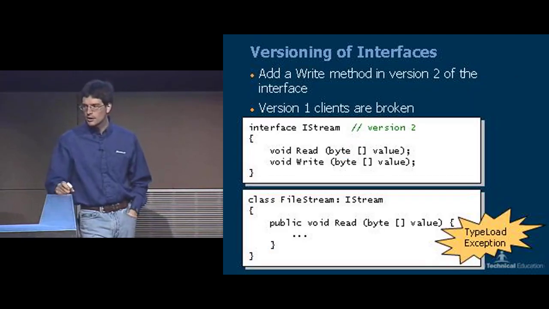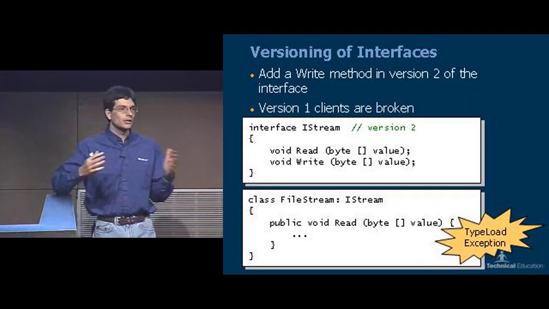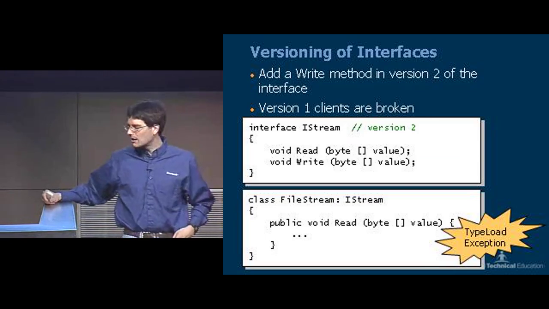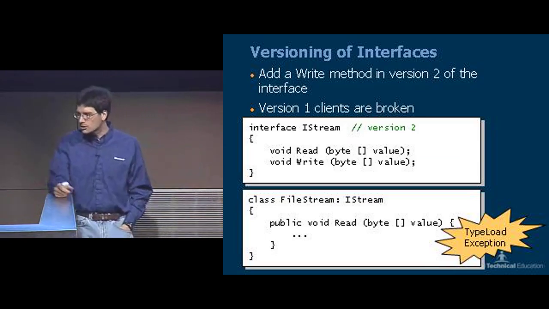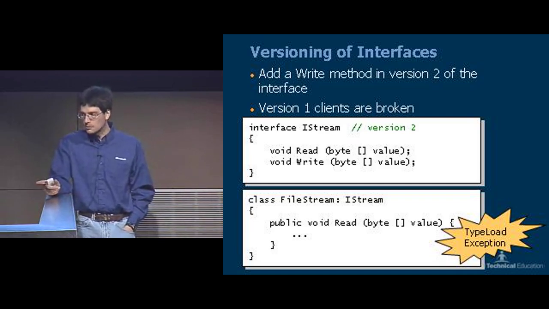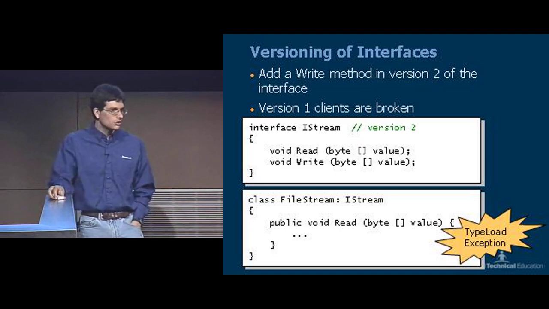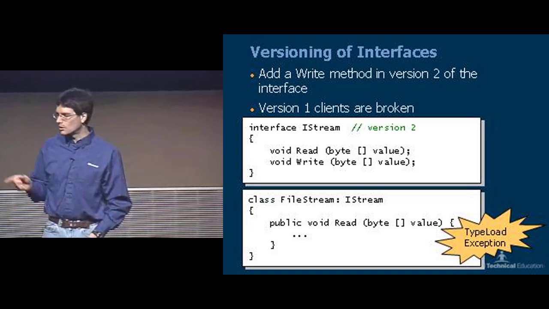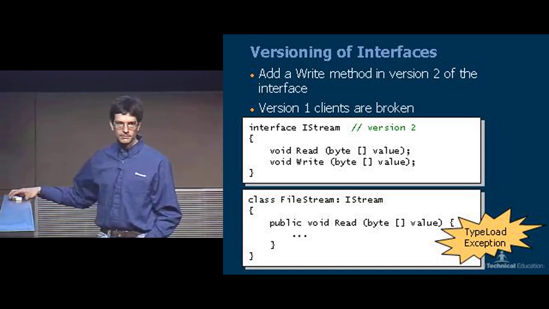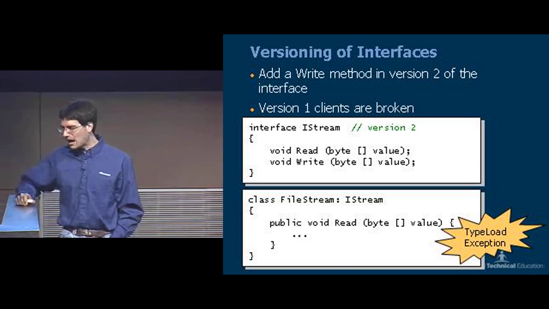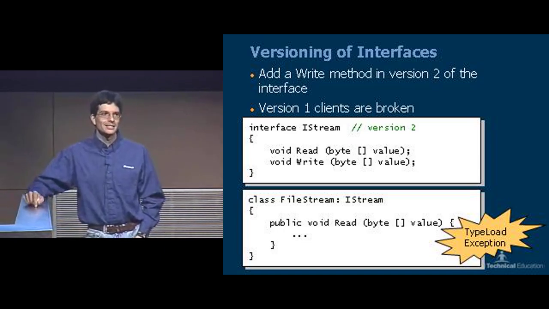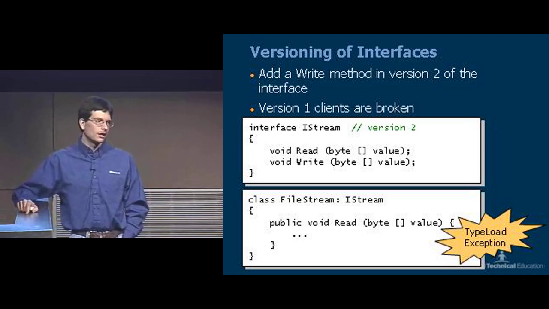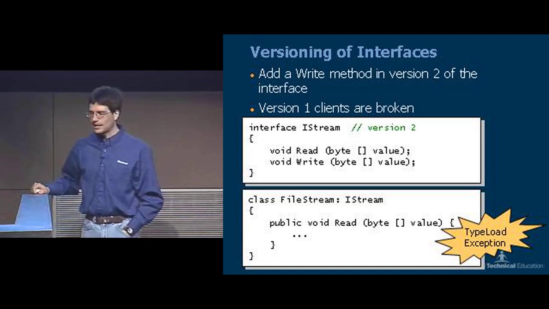And then in V2, we go, hey, wow, there's this newfangled writing thing that I need to have as well. So you add write, and now FileStream won't load. The runtime goes, whoa, FileStream, you don't implement the write method from IStream. So now FileStream has to be updated synchronously with IStream to add that.